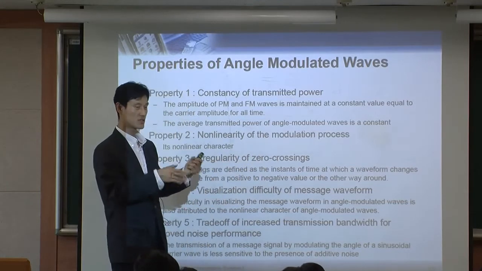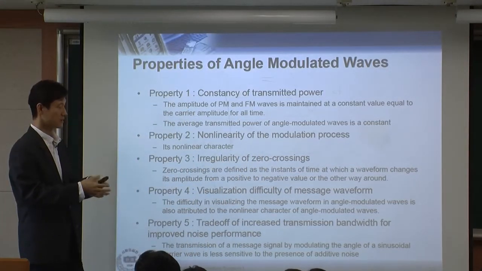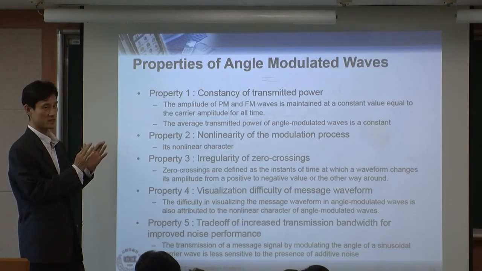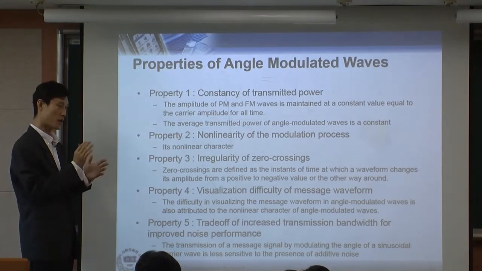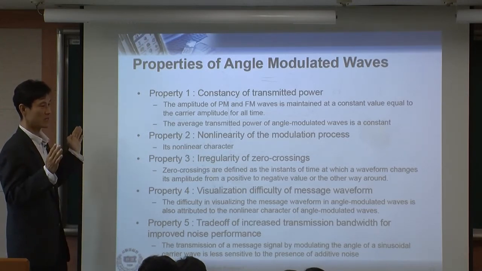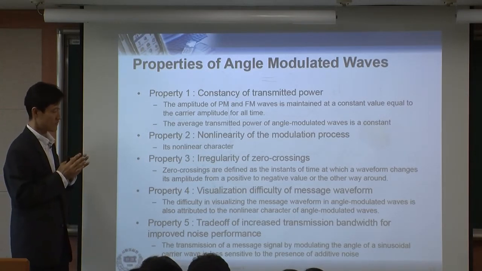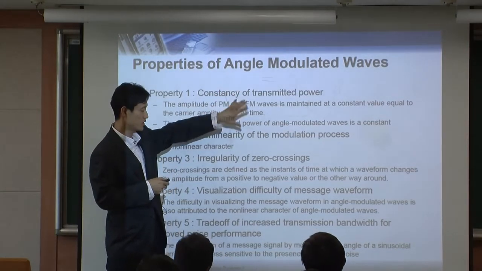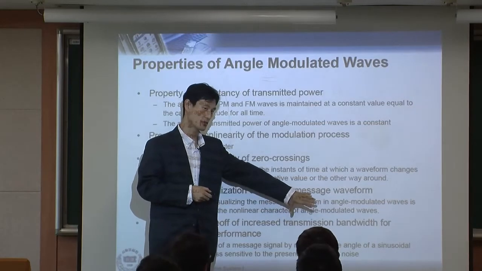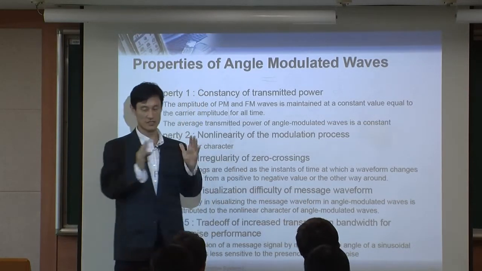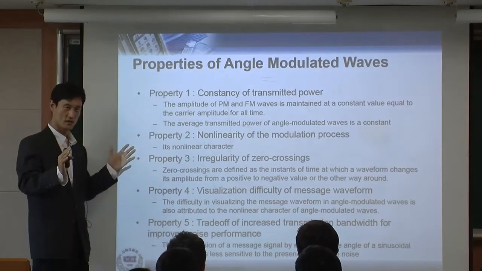It's more complex, but transmission bandwidth becomes half of the DSB. So transmission bandwidth, we want to make it smaller if possible. But in angle modulation, typically you need to increase the transmission bandwidth. So that's a bad thing.